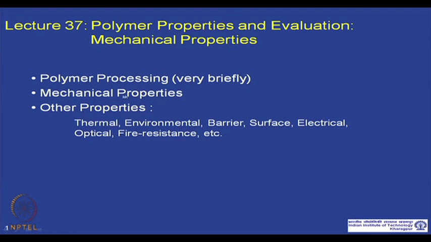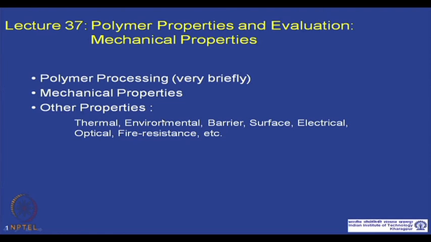Out of the polymer properties, I will spend more time, and we will discuss in a little more detail, the mechanical properties, because as you will see in the next one or two lectures, this is the most important property of polymers. Other properties like thermal and environmental properties are linked to the mechanical properties.